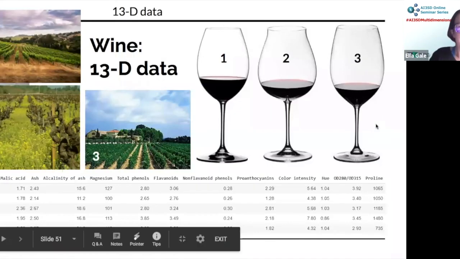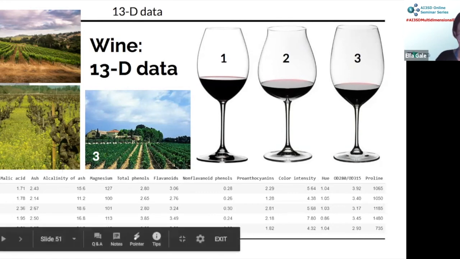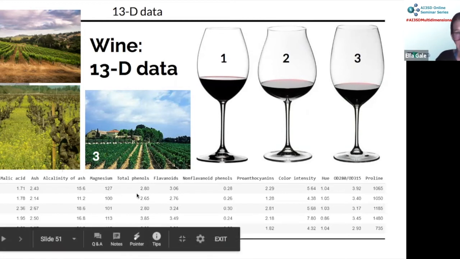Let's say you go around 3 different vineyards and you do some analysis of the wine and you gather some data. So you've gathered some analyte data of what's in your wine. So if you look down here, we have alcohol content, malic acid content, magnesium amount, total phenols, flavonoids, color intensity, hue.